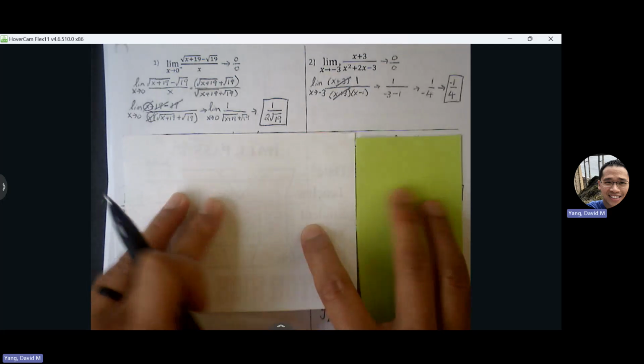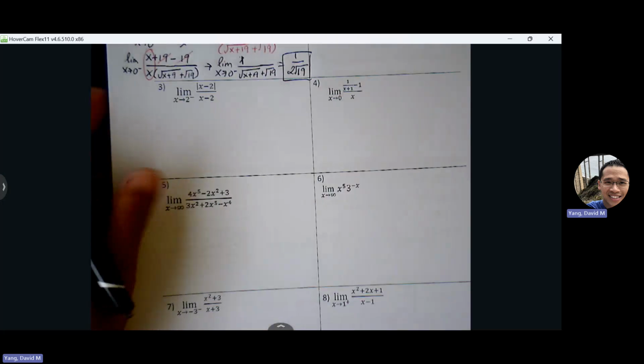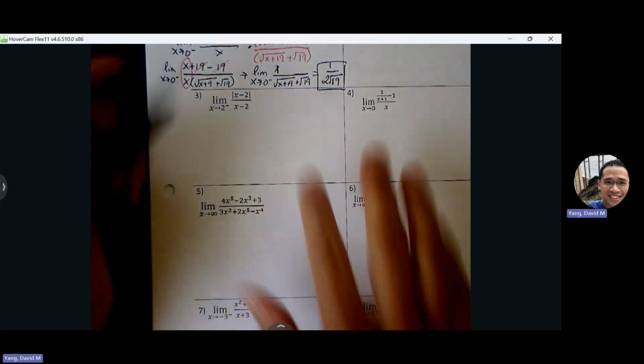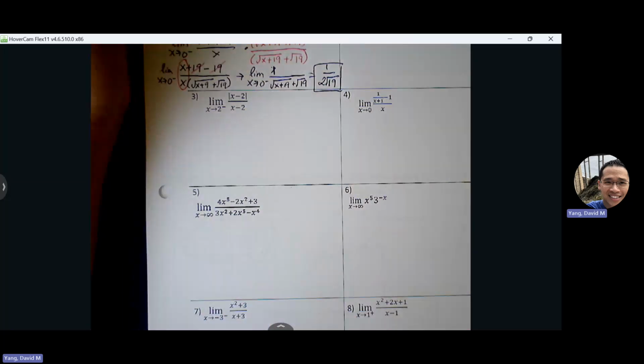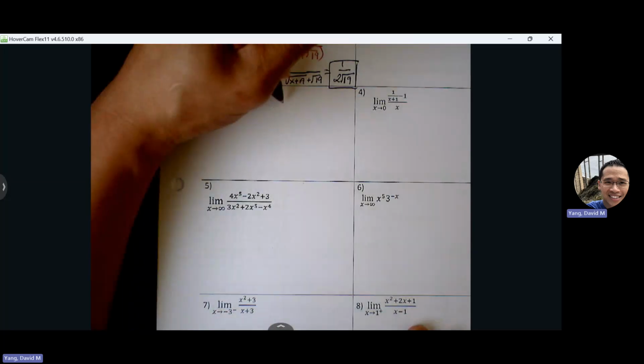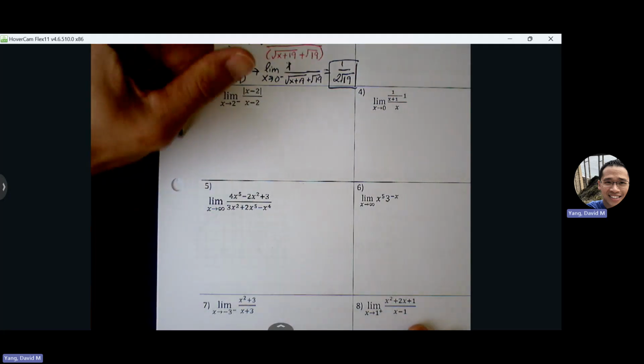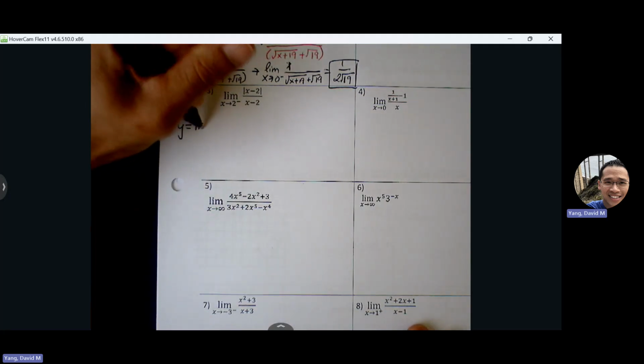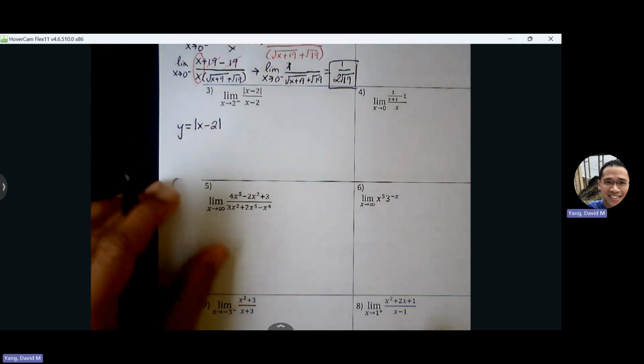All right, let's look at number 3 here. Number 3 feels a little bit more intimidating with that absolute value, but we know that we can always break an absolute value function into linear functions. So I'm just going to step to the side and think about, what does that absolute value of x minus 2 look like? What does it mean?